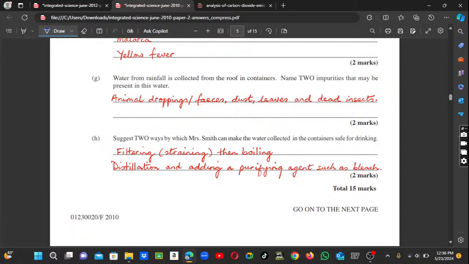For example, if water is caught on the zinc, as we know in the Caribbean, zinc on top of your house, running off the zinc through a tunnel and into a container, what we normally see is animal droppings, such as feces, and dust, because dust is normally on rooftops.